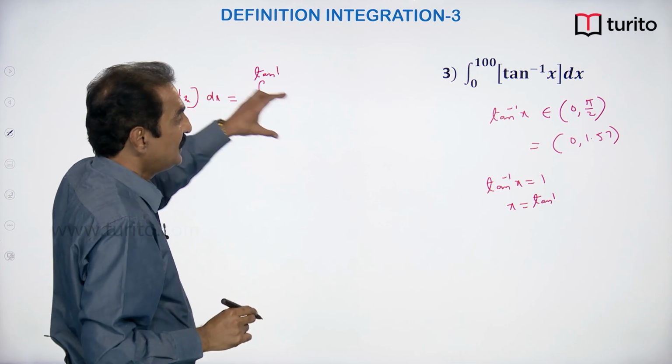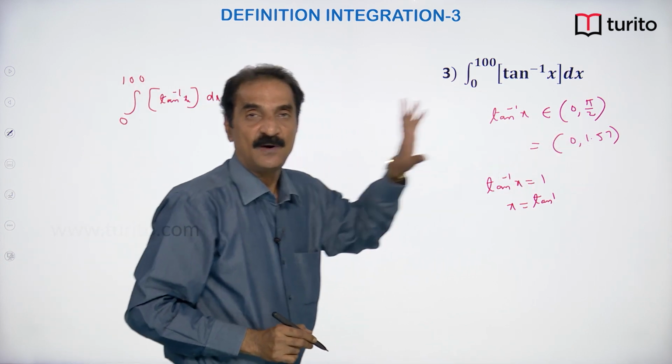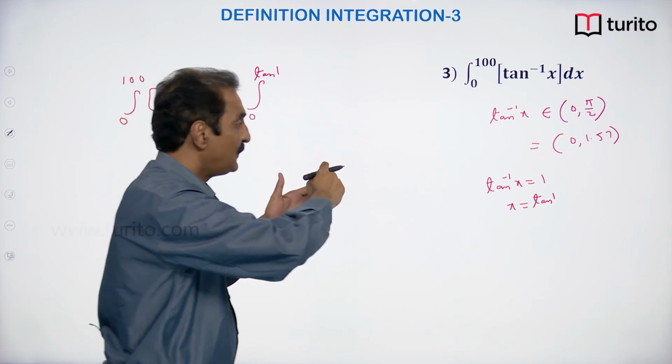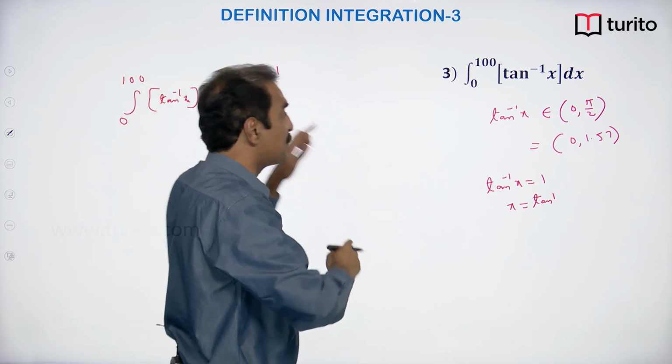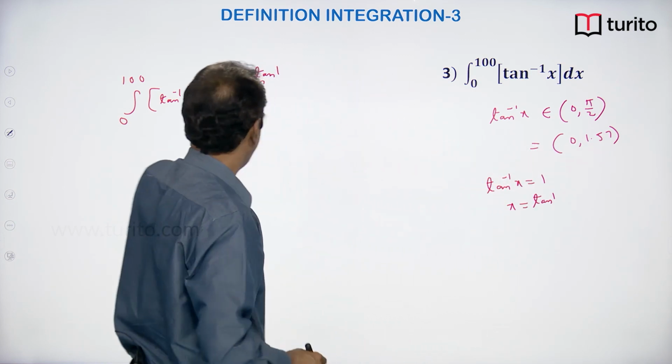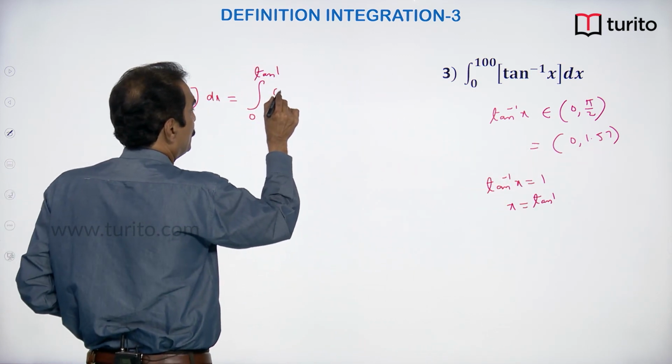In this interval, tan inverse x lies between 0 and 1 because tan inverse x is an increasing function. So, when x increases from 0 to tan 1, tan inverse x increases from 0 to 1, then its integral part is 0.